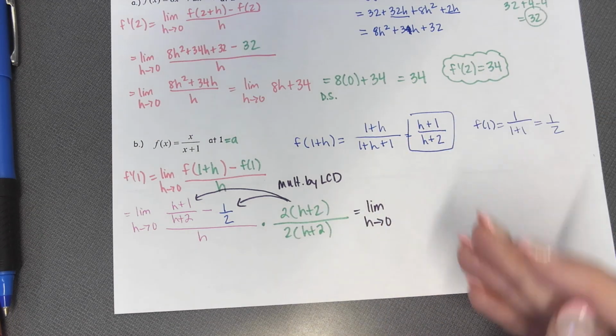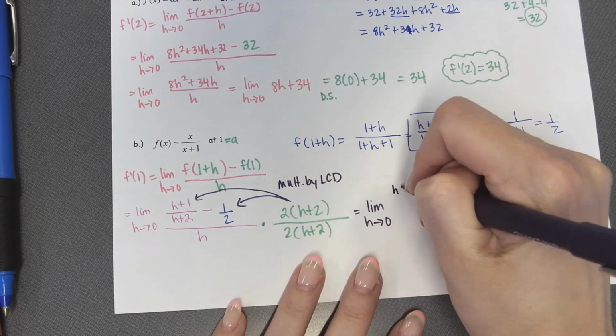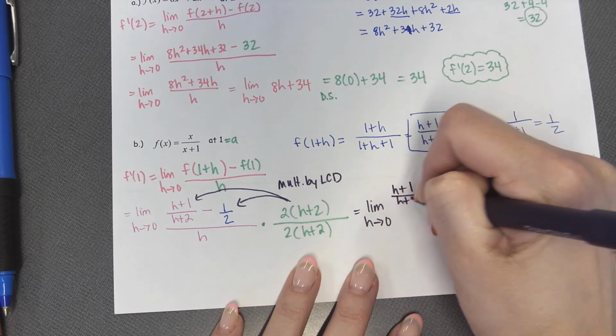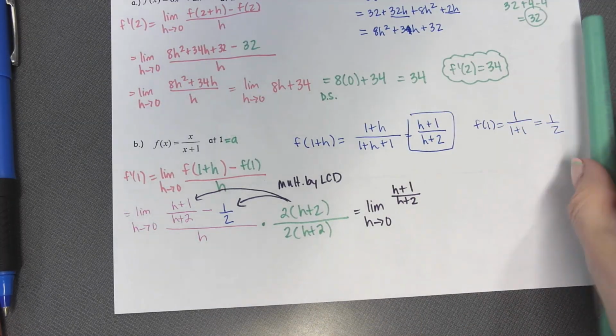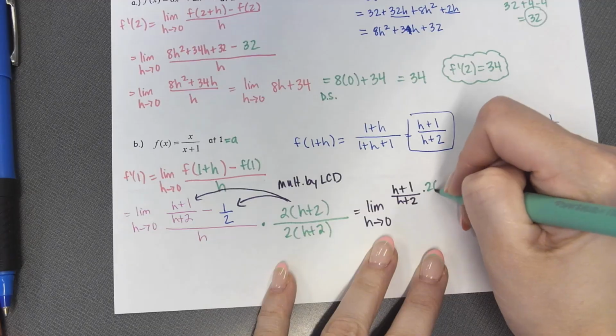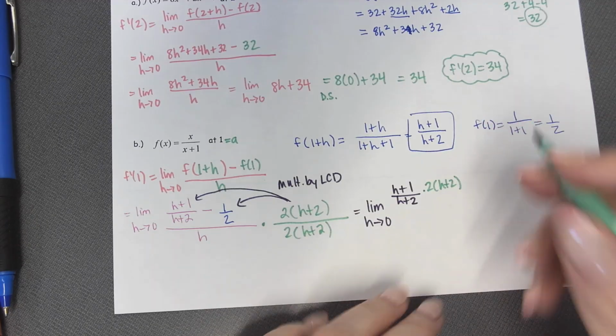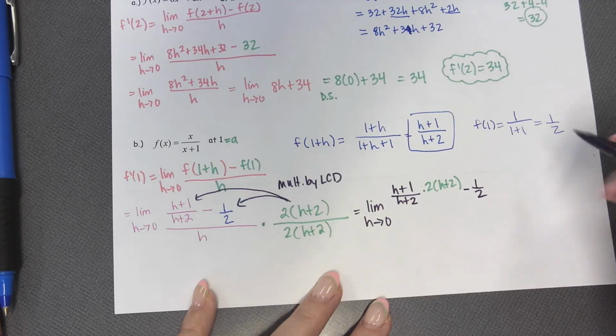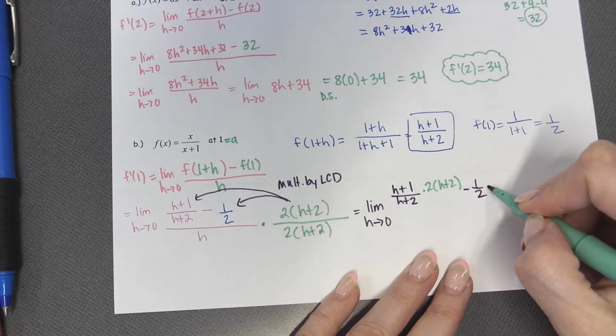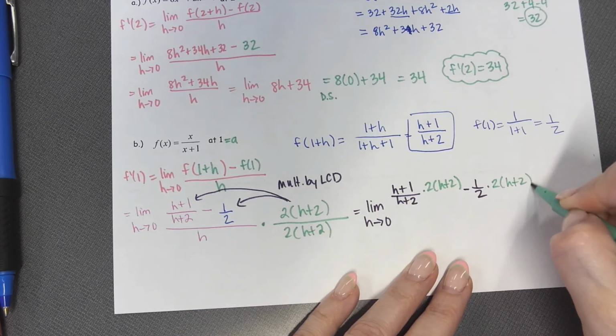So when you're multiplying those out, you can cancel out and then you can multiply by what needs to be multiplied.